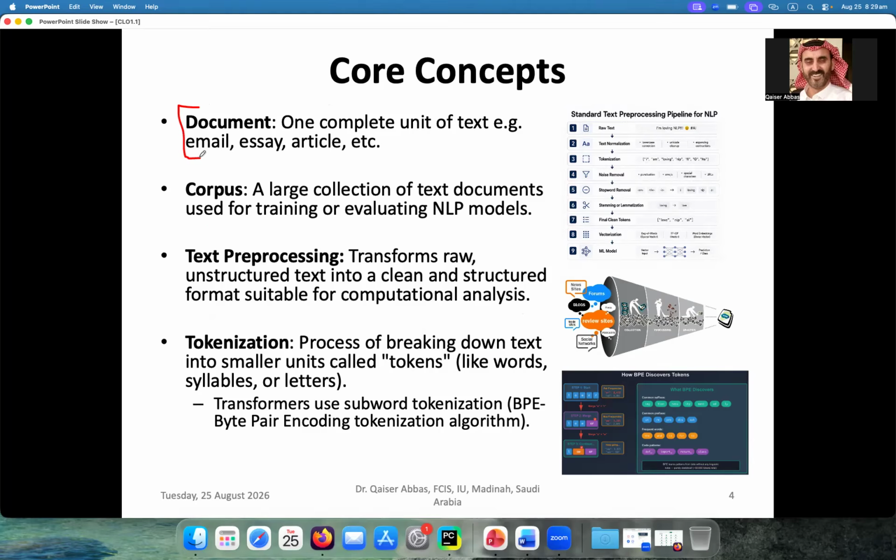If you have text in a file, then you can call that file a document if that file is not that large. If it is not a collection of documents, it is just a simple one. For example, if you have an email, you can call the email a document. If you have an essay about a morning walk, that essay is called a document. Similarly, an article is called a document. So this is one complete unit of text.